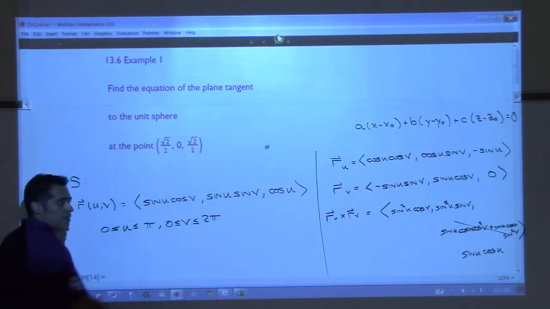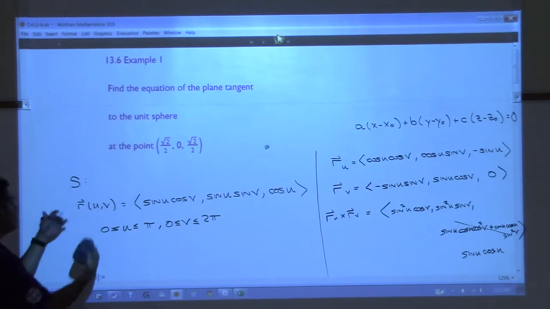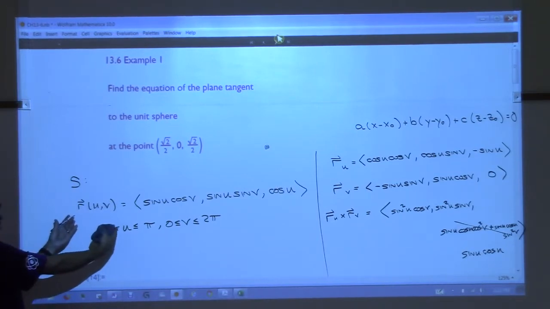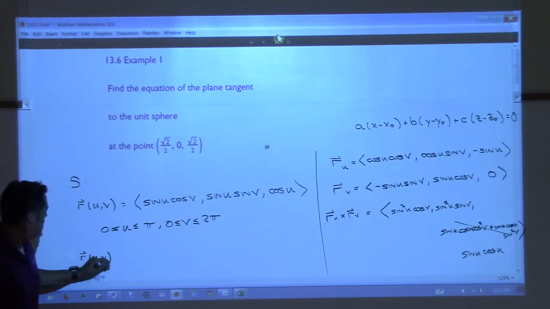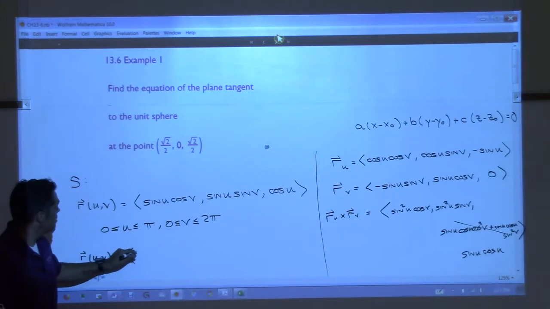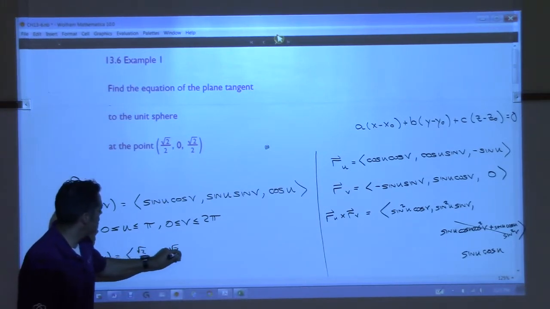That's where we are. So what you have to figure out now is what u and v take you to this point on the original surface function. So you're trying to figure out r of uv, how is that going to spit you out at root 2 over 2, 0, and root 2 over 2?